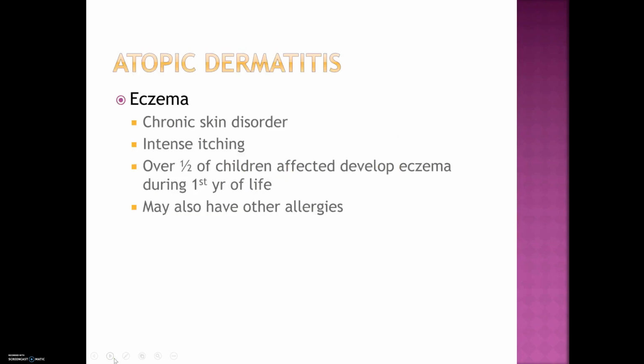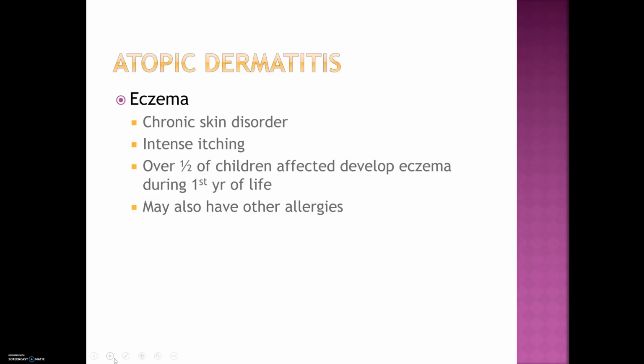And section 3C is atopic dermatitis, aka eczema. If you've never seen eczema, it can range from just a couple of bumps to very, very severe, and eczema can flare up pretty quickly as well.